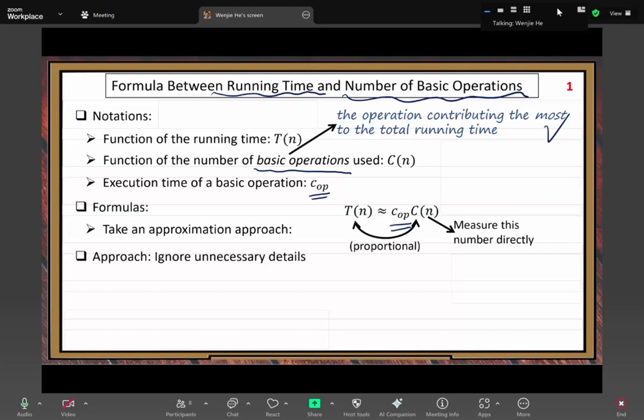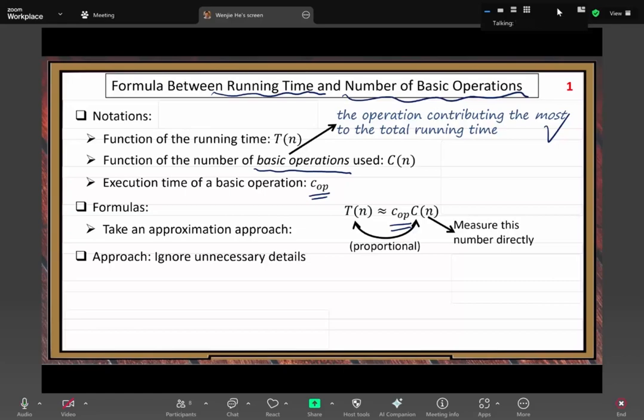When we do the comparison, we only compare the dominant terms. Remember I introduced the dominant terms before.